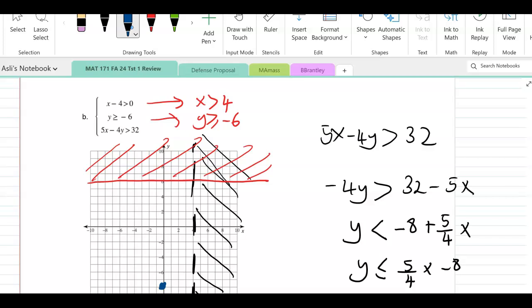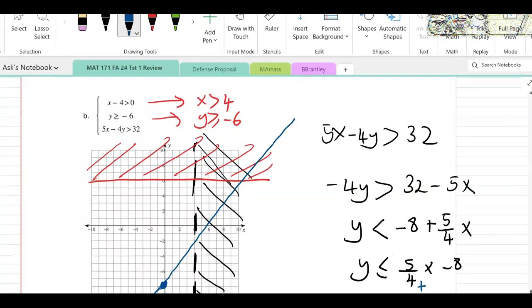No, positive slope, sorry, positive slope. Okay, so it will be going this way. And that is a full line because we have that little thing. So we're going to try, are we going above this line or below this line? We have to be below because the value is less than, so that will be this portion.